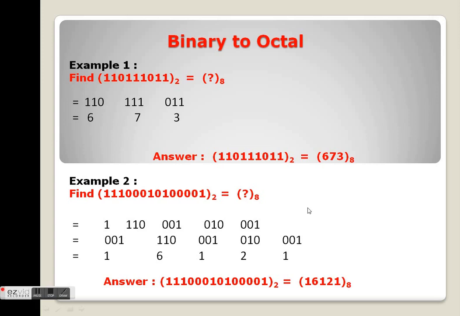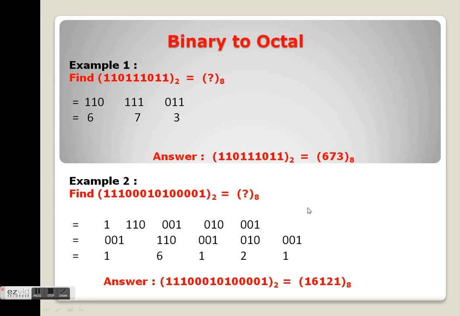Now in the second step we will find the decimal equivalent of each group. For the first group the decimal equivalent is 3. For the second group the decimal equivalent is 7, and for the third group the decimal equivalent is 6. After that we will combine these numbers. So the octal equivalent of this binary number is 673.